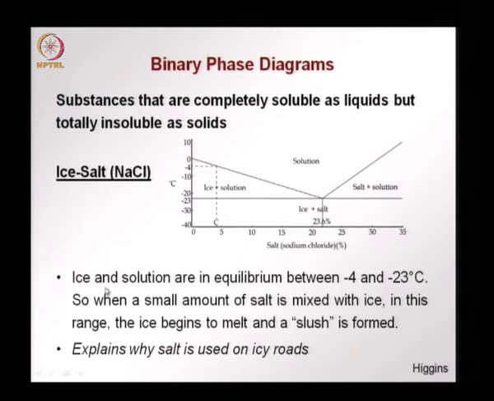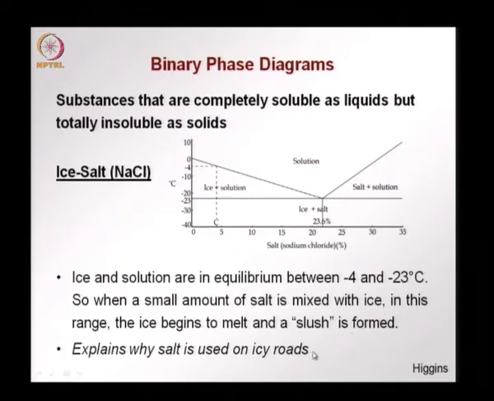So, what we have said is ice and solution for a small quantity of salt being mixed with ice are in equilibrium between minus 4 and 23 degrees. So, when a small amount of salt is mixed with ice in this range, the ice begins to melt and a slush, a mixture of ice and salt solution is formed.